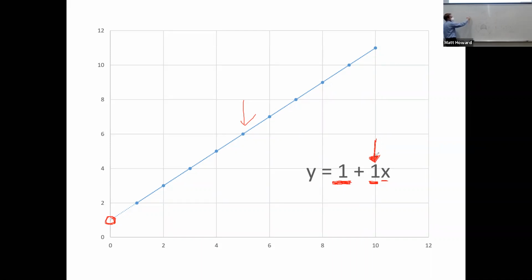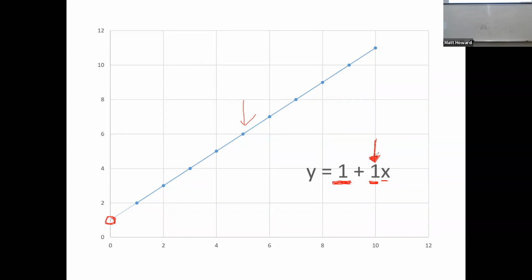So our first predictor is associated with the beta of 1. So it's beta 1 x1, x1 being our first predictor. When we get to multiple regression and we have multiple predictors, our beta 1 will be associated with our first predictor, whereas our beta 2 is associated with our second predictor, and so on. So very good question.